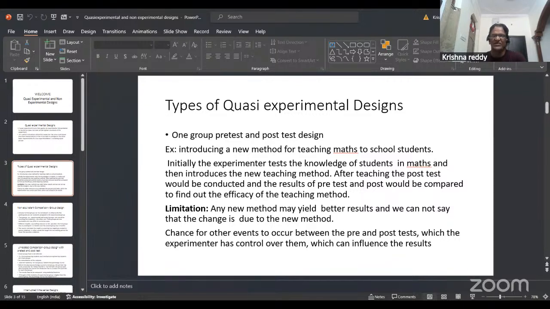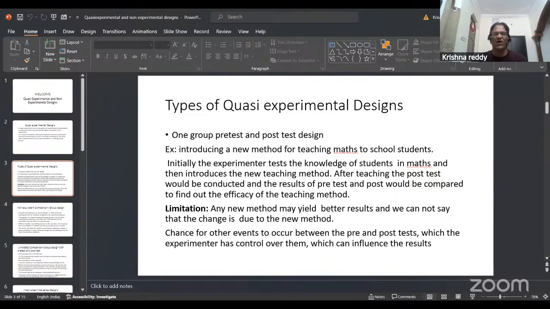The effect of those events or activities may also carry over, and for that purpose, the experimenter is supposed to have control over them. If he has control over them, then it would be better. Then we can conclude that this new teaching method for teaching mathematics is better than the other methods. That way we can conclude.